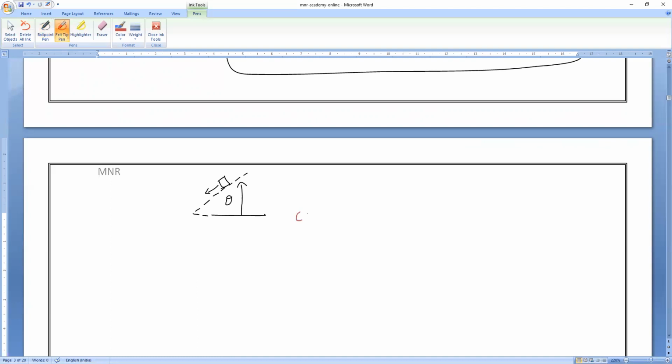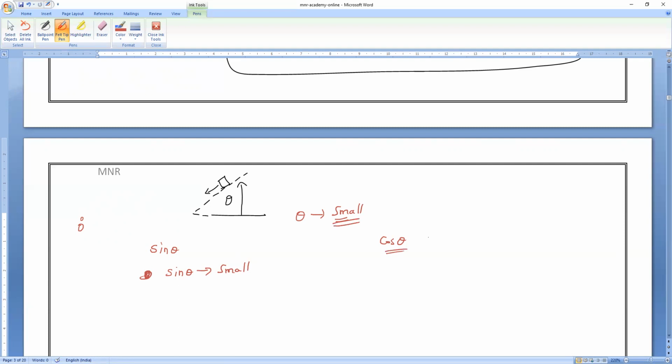Now, if I consider theta very small, observe very carefully. We have two functions: one is sin theta, another is cos theta. If theta is small, which is maximum? Sin 0 is how much? 0. So if theta is small, sin theta is small.